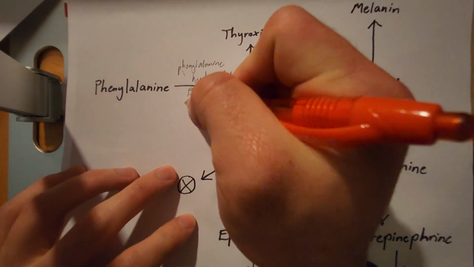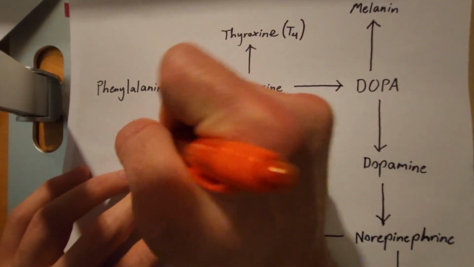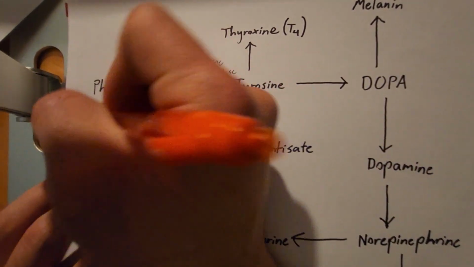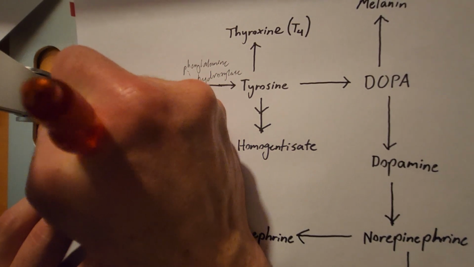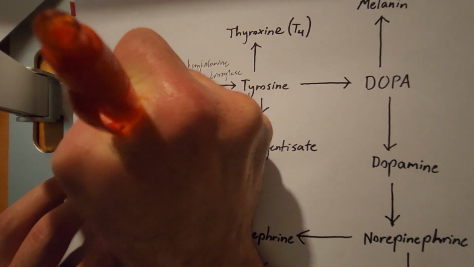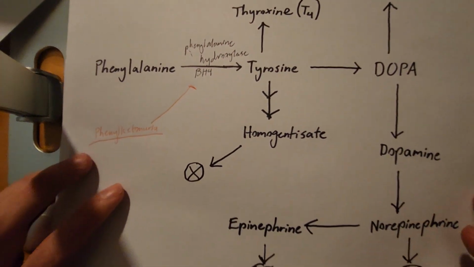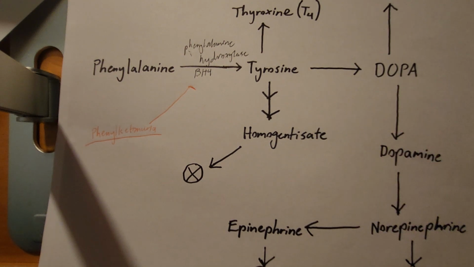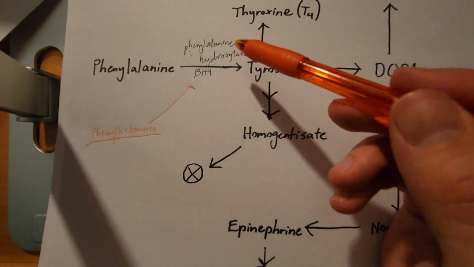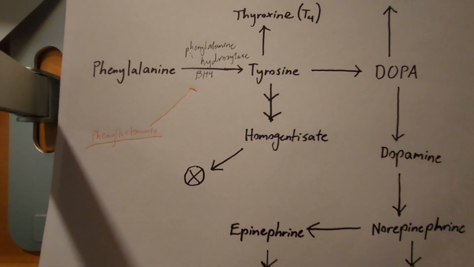So this is where we can see our first disease in tyrosine metabolism. If you have a defect at this step, you're going to get a disease called phenylketonuria. Phenylketonuria is caused by a defect either in the enzyme itself, phenylalanine hydroxylase, or in the cofactor BH4.